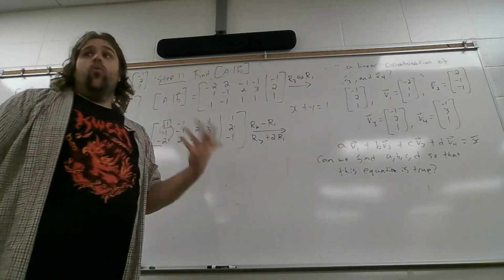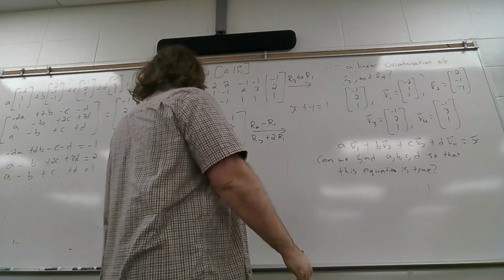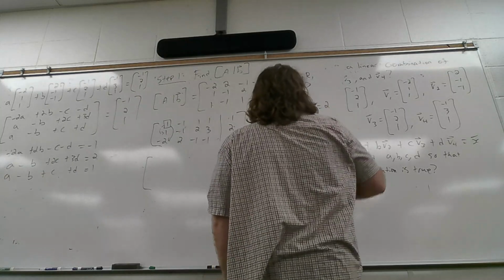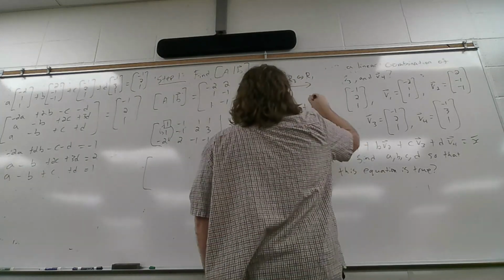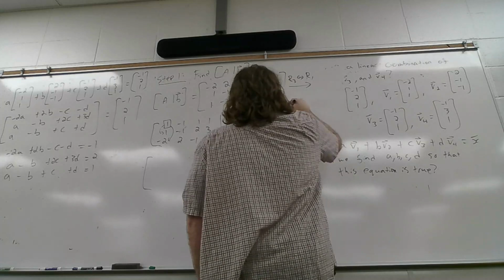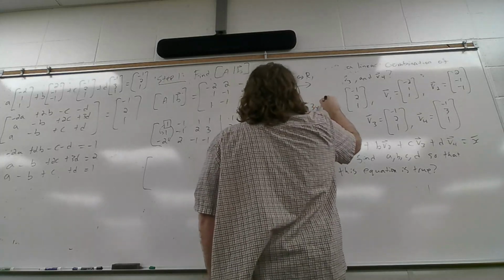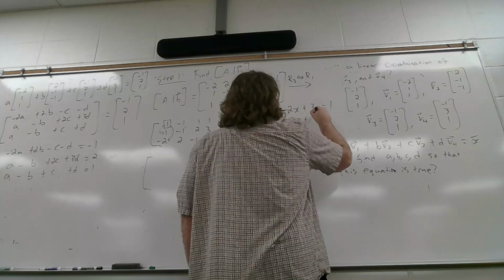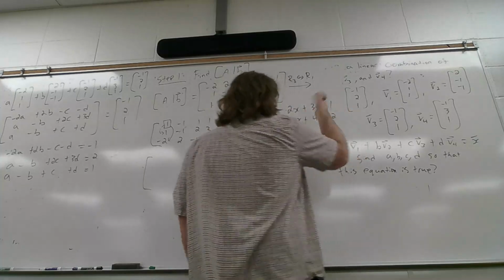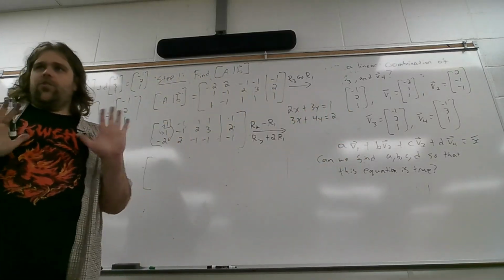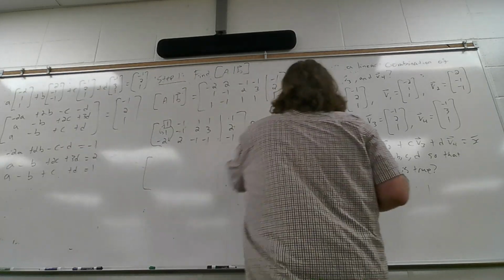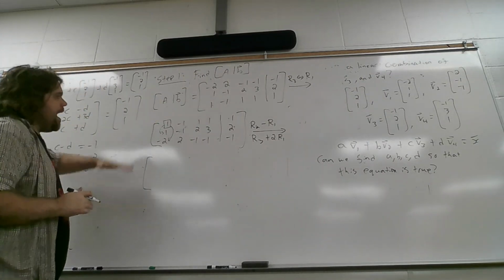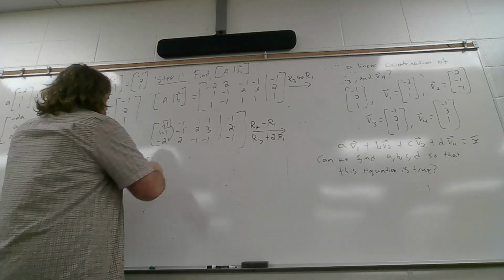If you just add 1 to the row, then you actually change the equation, right? That's a bad example because it doesn't change the solution. Let's say we had 2x plus 3y equals 1. Right? If you add 1 to it, you get 3x plus 4y equals 2, which is a different equation, right? So be careful with that. Remember, we're dealing with the row. You're taking this row and adding or subtracting it to the one below.